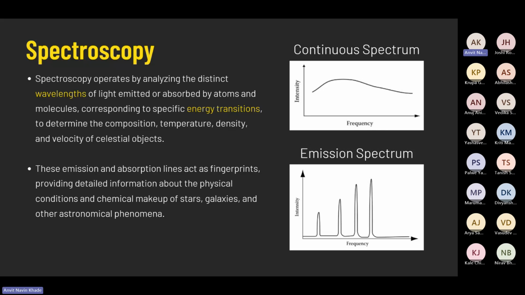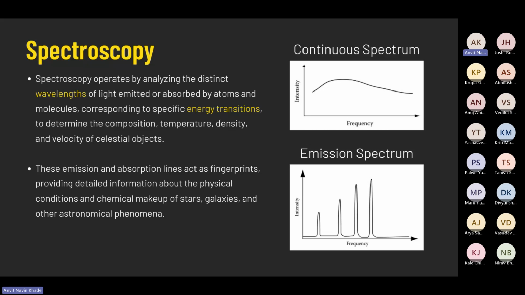Spectroscopy works by examining the wavelengths of light that atoms and molecules emit or absorb during specific energy transitions. This method allows astronomers to determine the composition, temperature, density, velocity of celestial objects and many other intrinsic properties in fact.